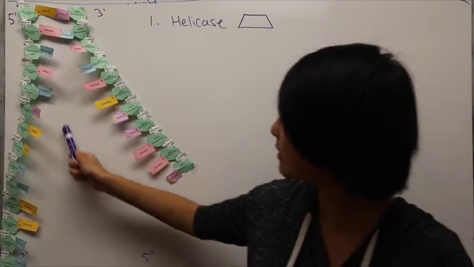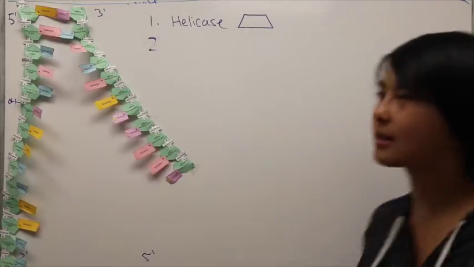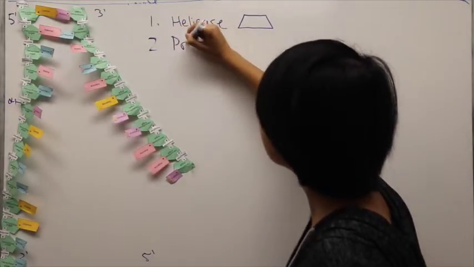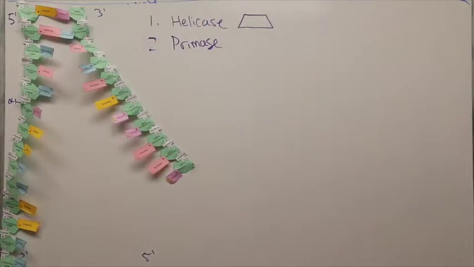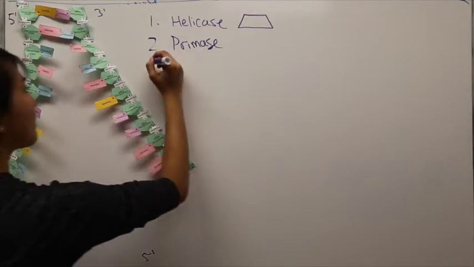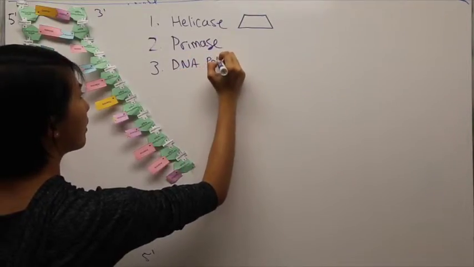After helicase separates these hydrogen bonds, the second step to this process is that primase comes in and lays down a short RNA primer and DNA polymerase goes in and lays down new nucleotides according to the primer. So the third step is the DNA polymerase.